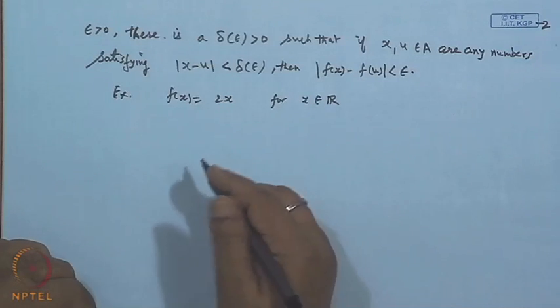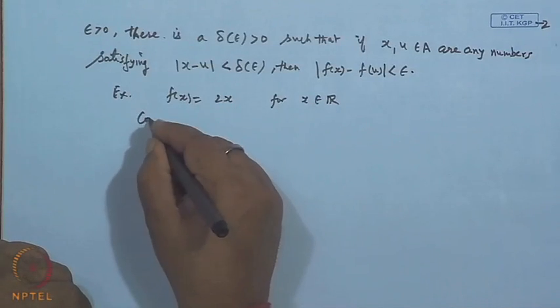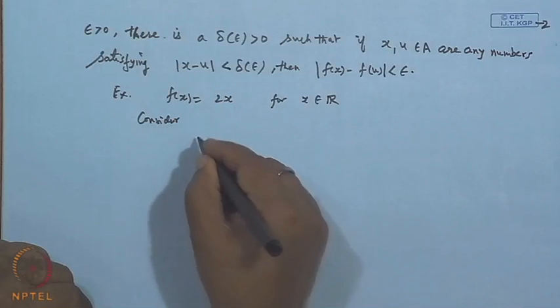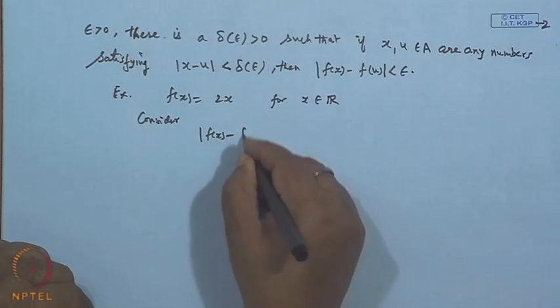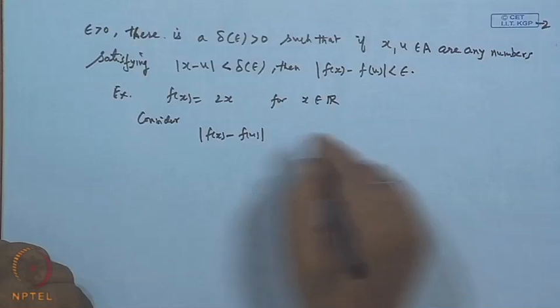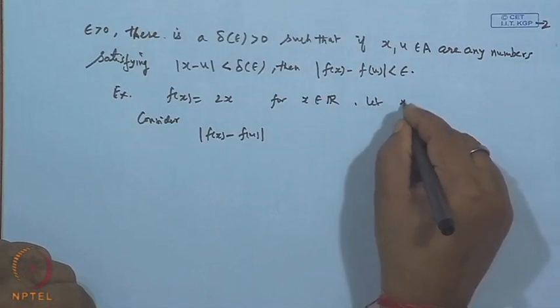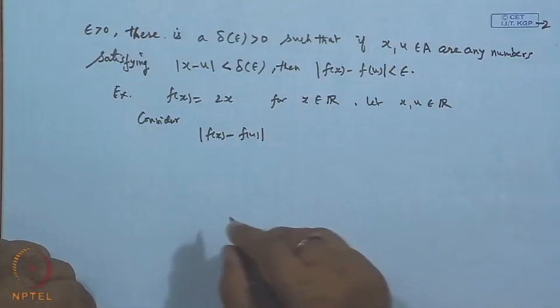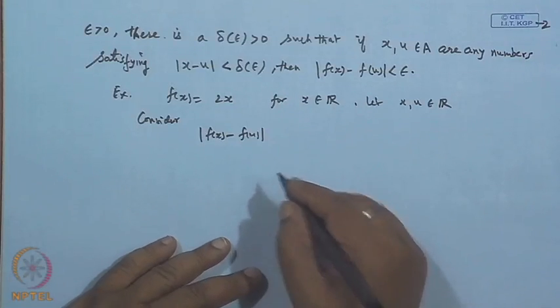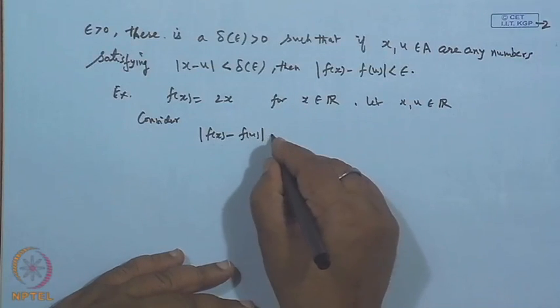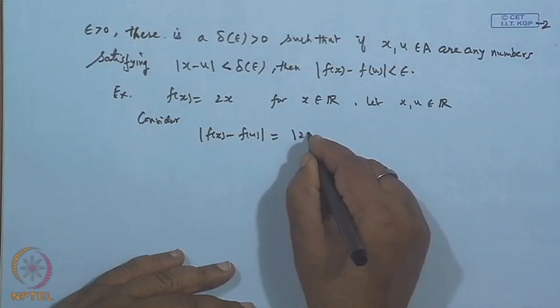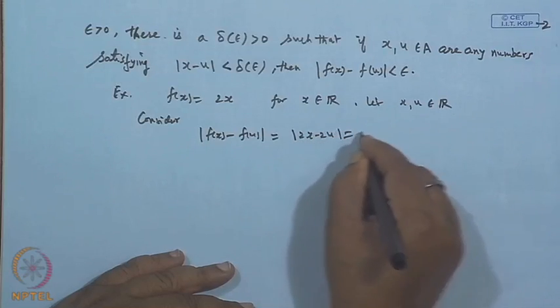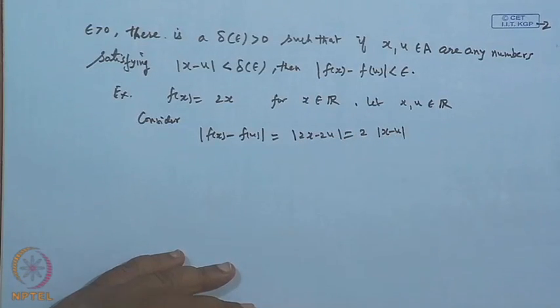Now, consider mod f x minus f u, where x and u are points in R. This is equal to 2x minus 2u, which is equal to 2 times mod x minus u.